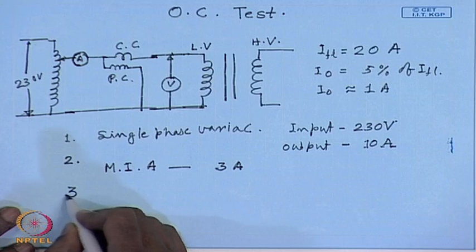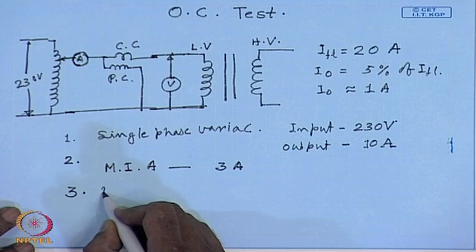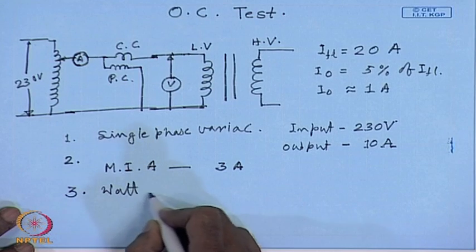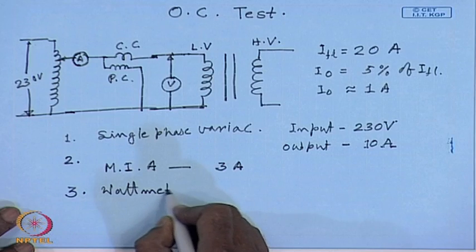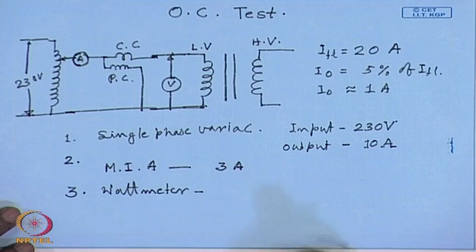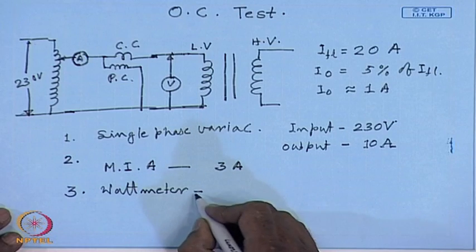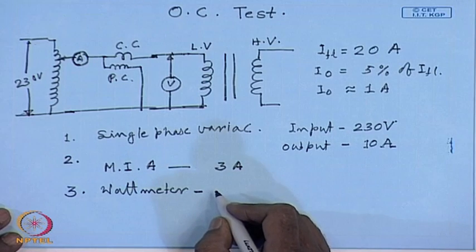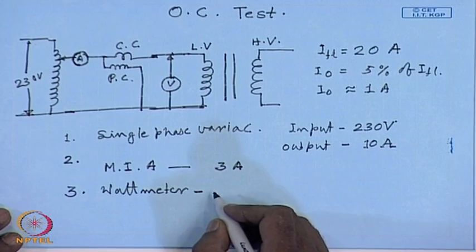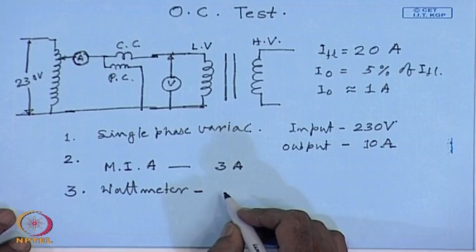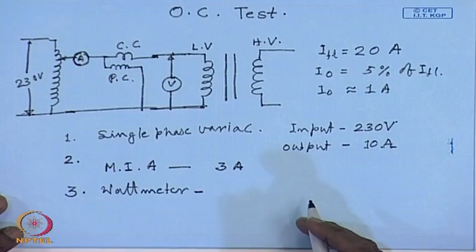Similarly, here also we will need a wattmeter. The wattmeter, in this case, will have a current coil rating which is the same as the ammeter current coil rating.